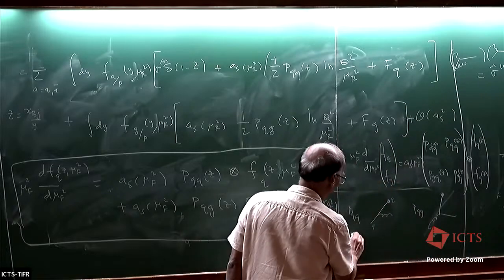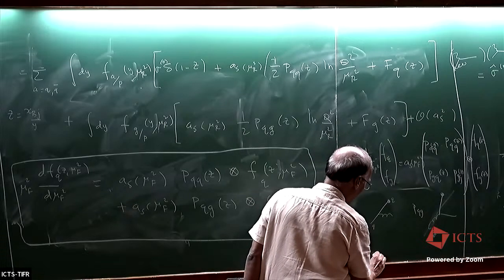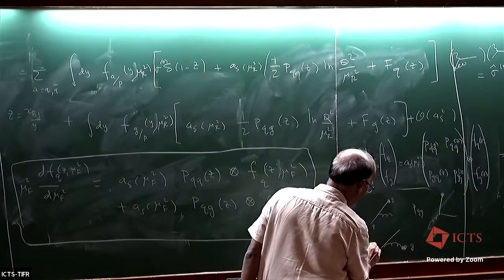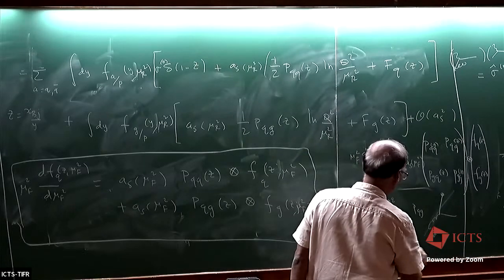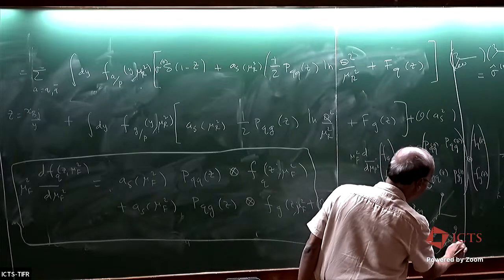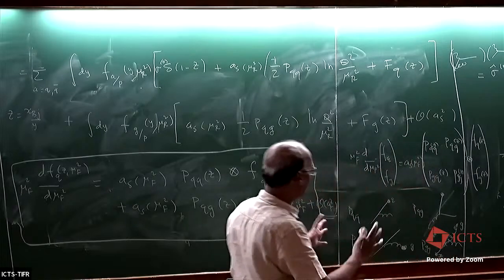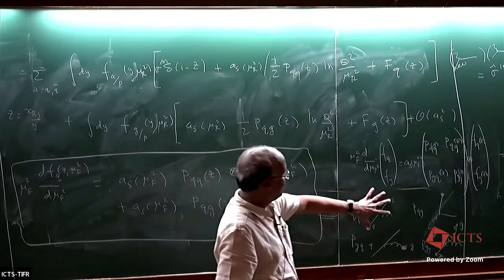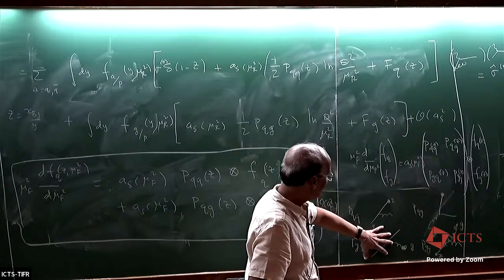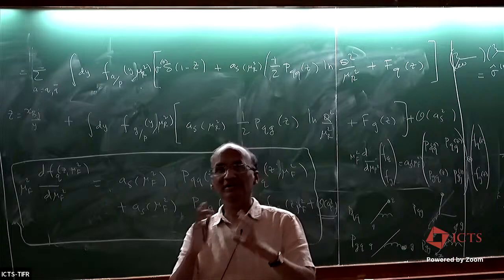P_gq is finding a gluon inside a quark. That's the probability. And similarly, P_gg will be finding a gluon in a gluon. So these are all just some probabilities. The square of this will contribute to P_qq, the square of this will contribute to P_qg, and so on. This is all physically expressible.